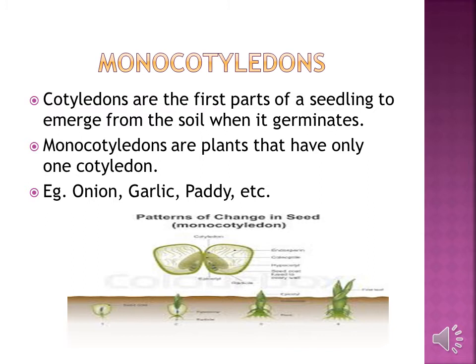Also, if you look closely at the leaves of a monocotyledon plant, you will see that the veins of the leaves are parallel. Some examples of monocotyledon plants are onion, garlic, paddy, and lily.